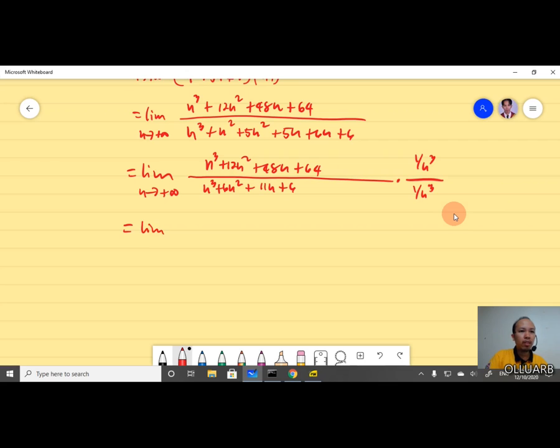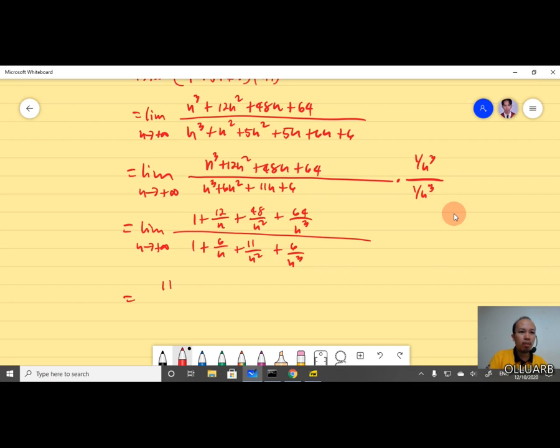So the limit of 1 plus 12 over n plus 48 over n squared plus 64 over n cubed, over 1 plus 6 over n plus 11 over n squared plus 6 over n cubed, as n approaches positive infinity.